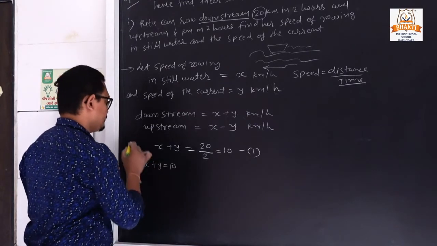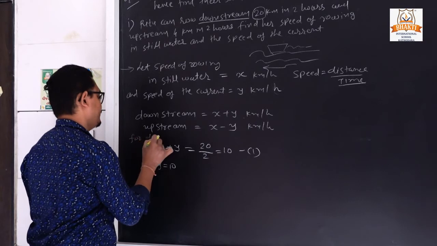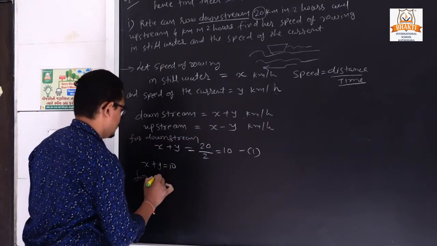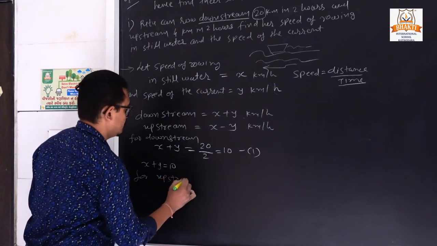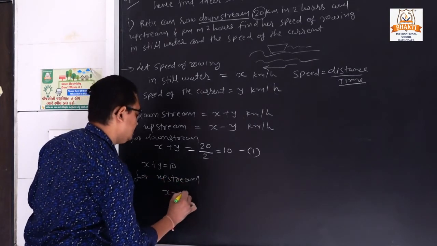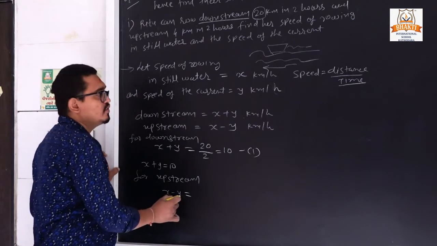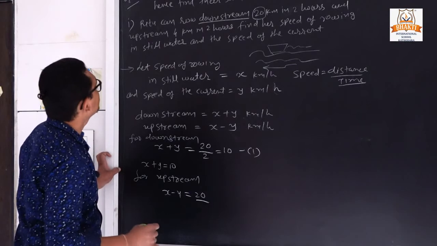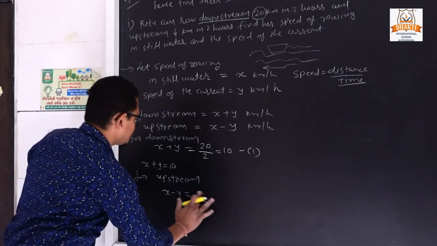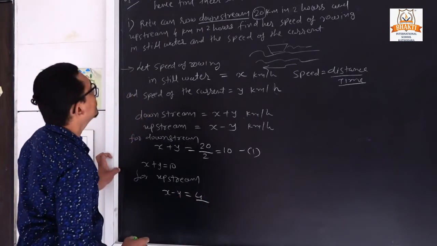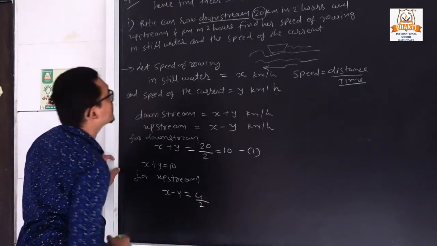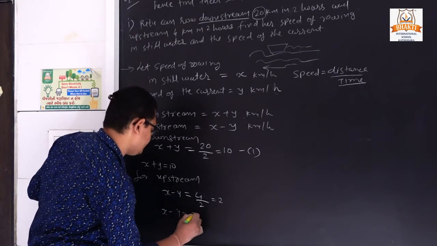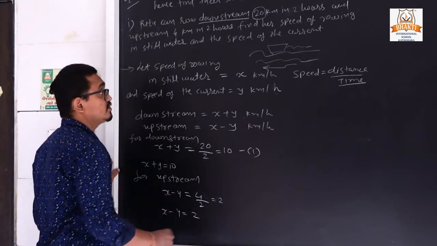Now for upstream, x minus y speed. What is distance? Once again 20, and time for upstream 4 hours. So here distance is 4 and it takes 2 hours. So 4 divided by 2, so 2. So what is our second equation? x minus y is equal to 2.